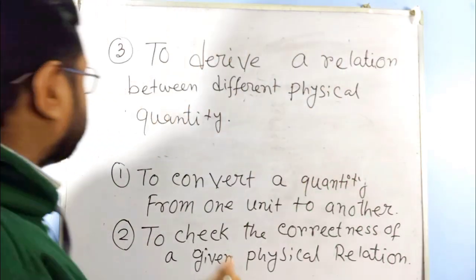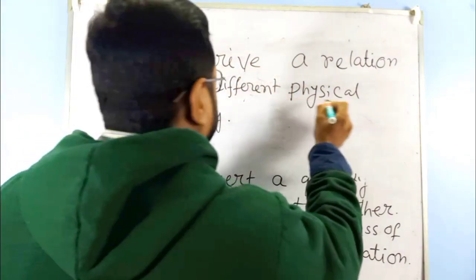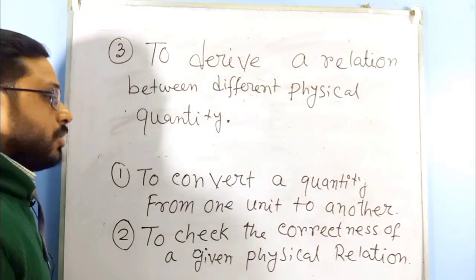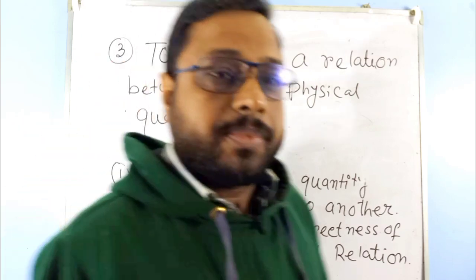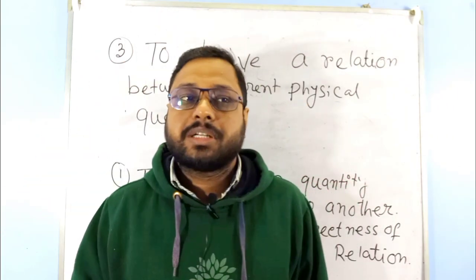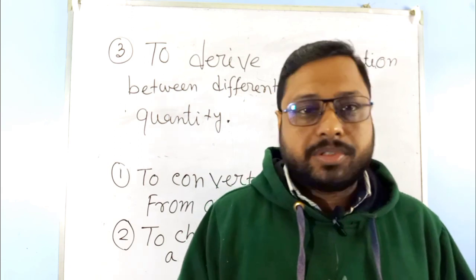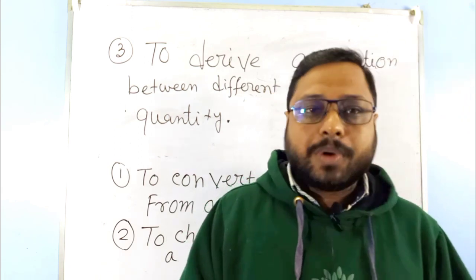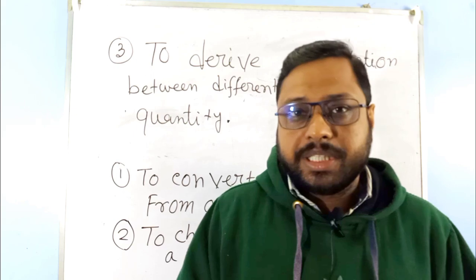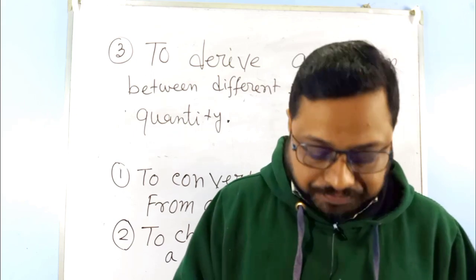And number three is to derive a relation between different physical quantities. In a question we are given some physical quantities and we have to establish a relation between them. So these three types of work we can do with dimensional analysis.